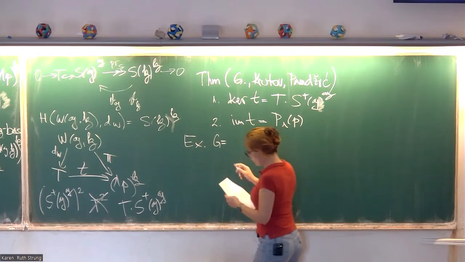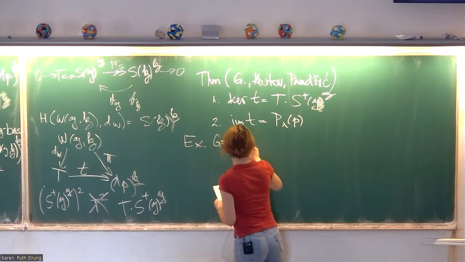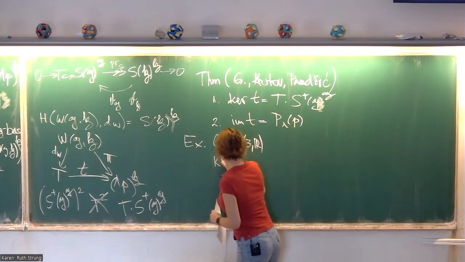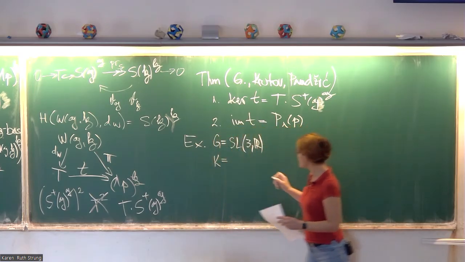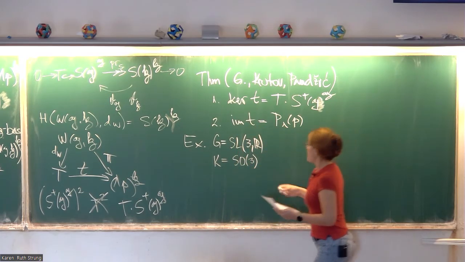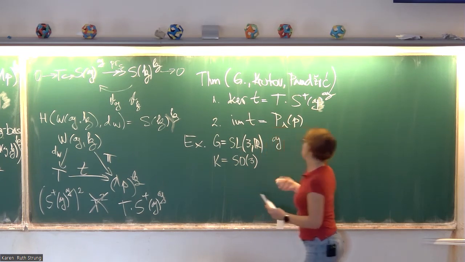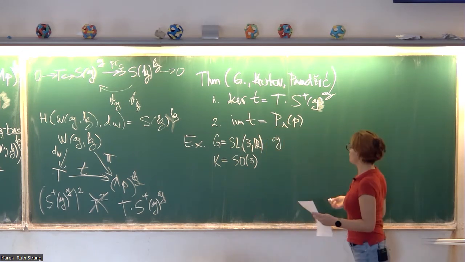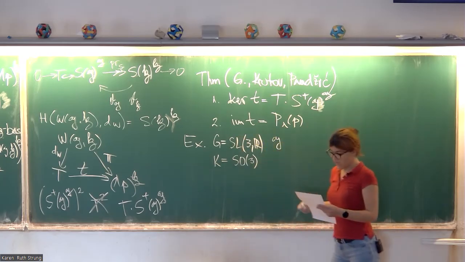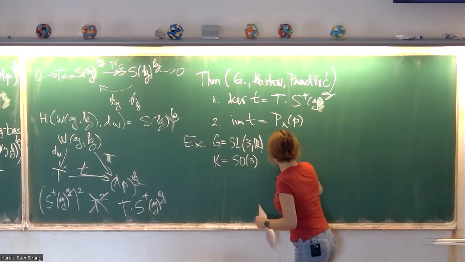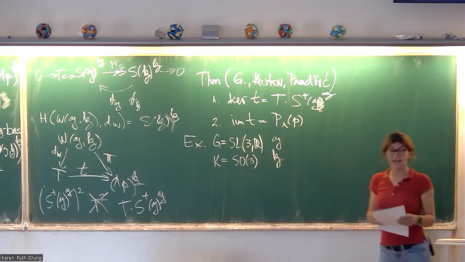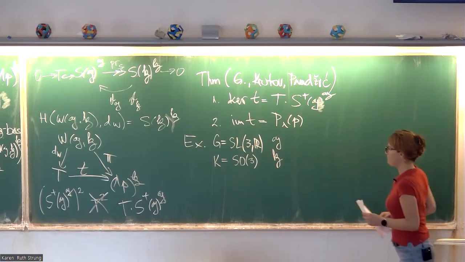So my Lie group will be SL3, and the corresponding maximal compact subgroup will be SO3. And now, as before, denote by G the complexification of the Lie algebra of G, and K will consist of real anti-symmetric matrices.